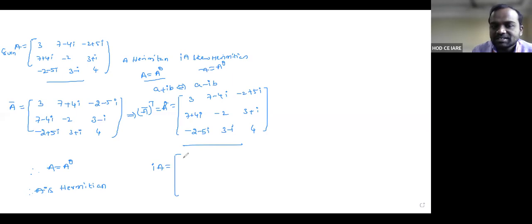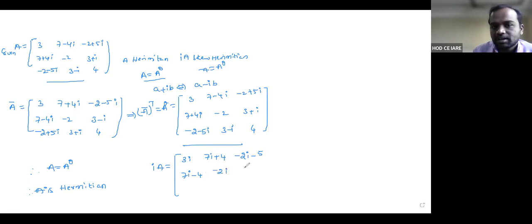So i into 3 is 3i. Next i into 7 minus 4i, we get 7i. i square is minus 1, minus into minus plus 4. Next i into minus 2 plus 5i is minus 2i minus 5. Next 7i minus 4, minus 2i.